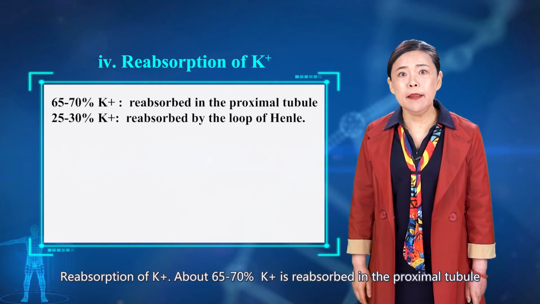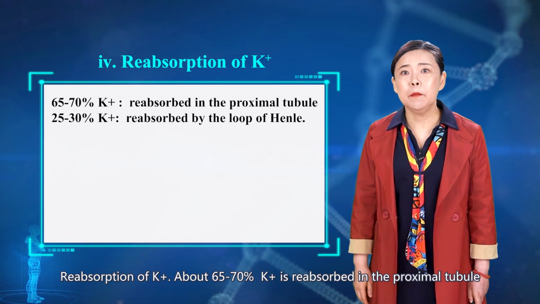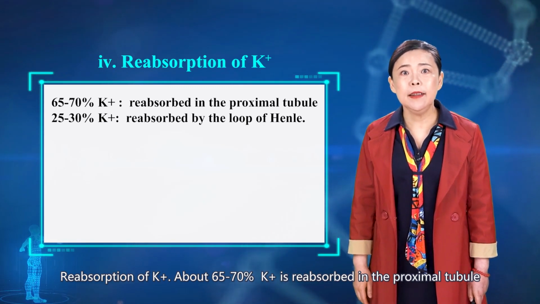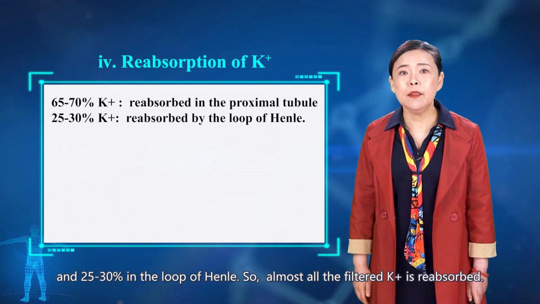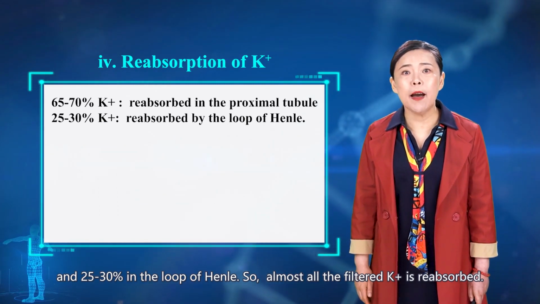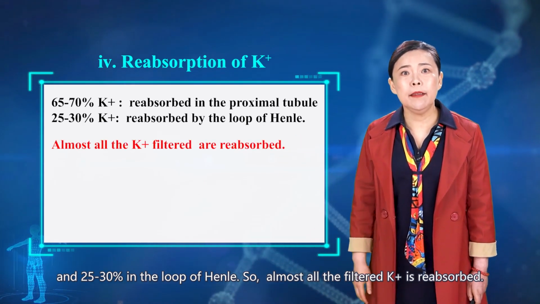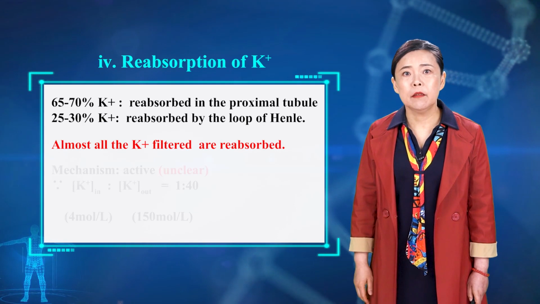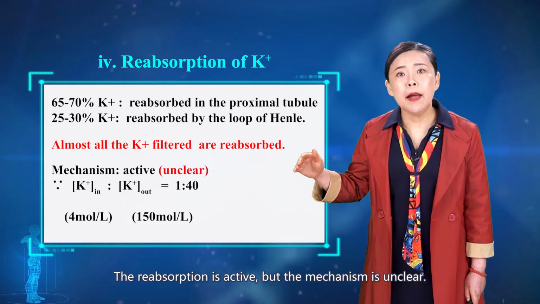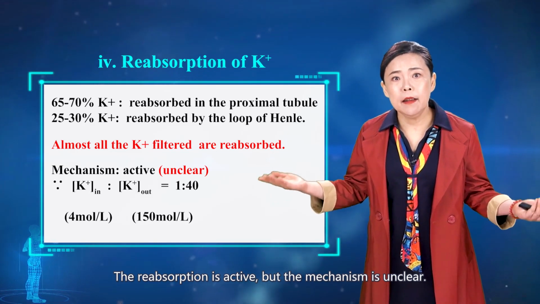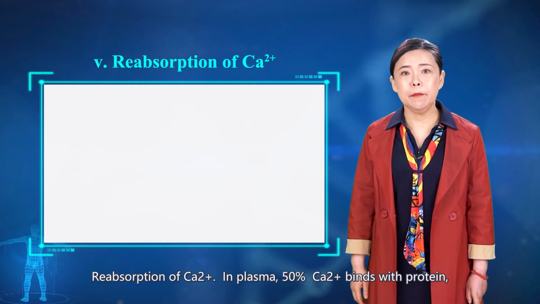Reabsorption of potassium. About 65 to 70% of potassium is reabsorbed in the proximal tubule and 25 to 30% in the loop of Henle. So almost all the filtered potassium is reabsorbed. The reabsorption is active, but the mechanism is unclear. Reabsorption of calcium.